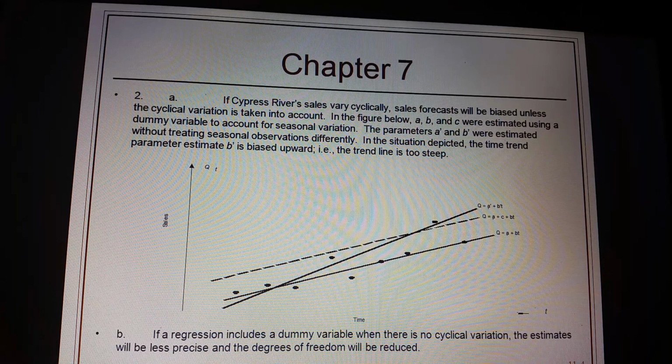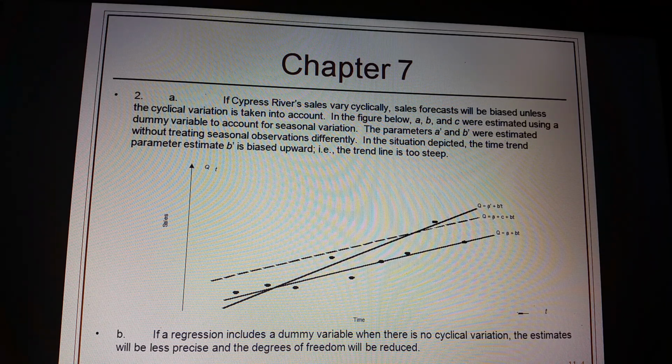And the answer here is, if Cypress River sales vary cyclically, sales forecasts will be biased. In the figure that you see here, which I hope you can see at home, you have A, B, and C, and you have them estimated using a dummy variable to account for the seasonal variation.